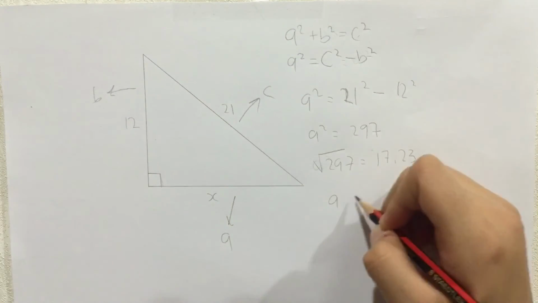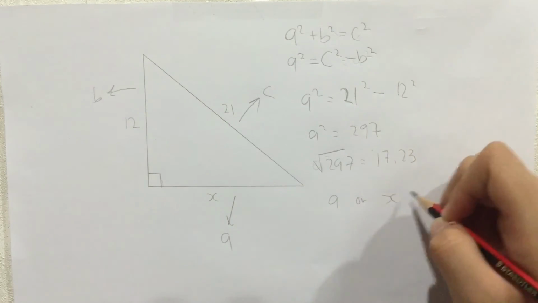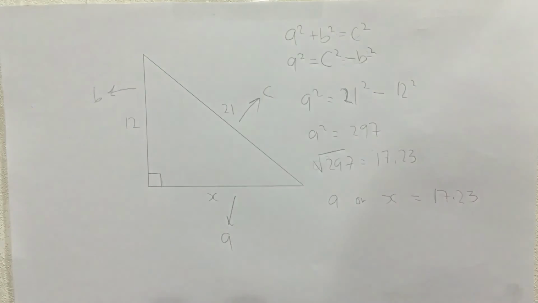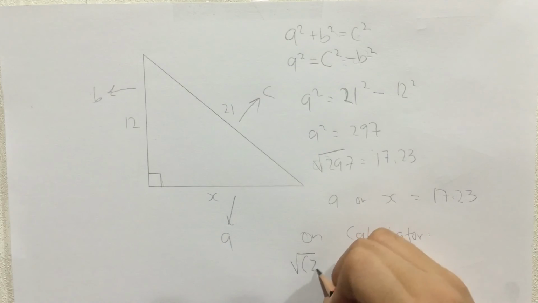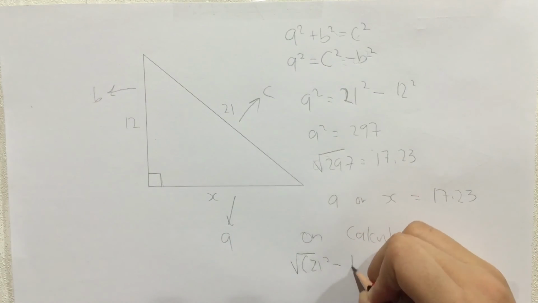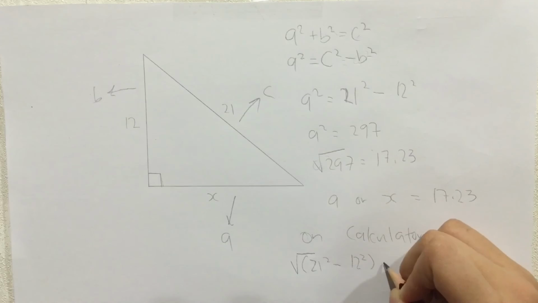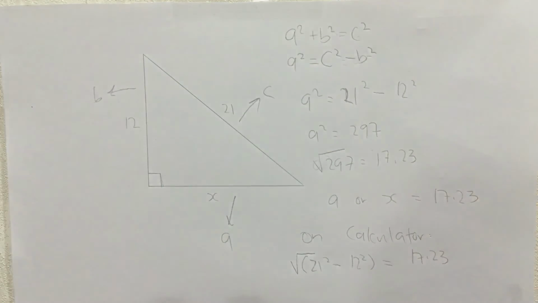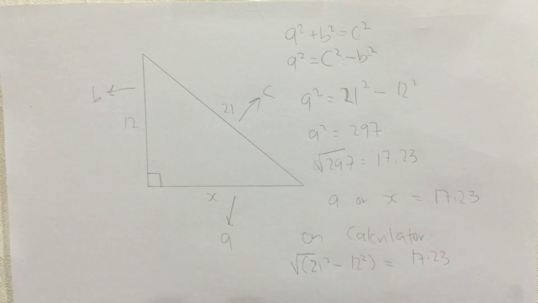That means that A, or in this case X, equals 17.23. On a calculator, you do square root bracket 21 squared minus 12 squared, close bracket, and it'll give you the direct answer, which is 17.23. So that's how you find the length of A or B using Pythagoras when you already know the hypotenuse.